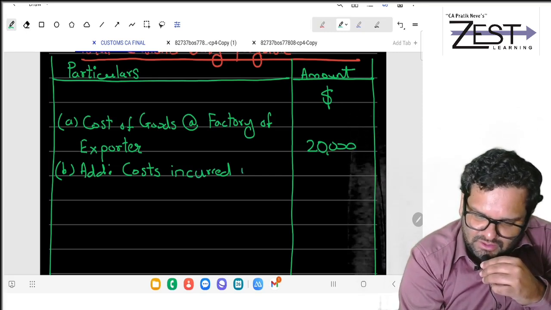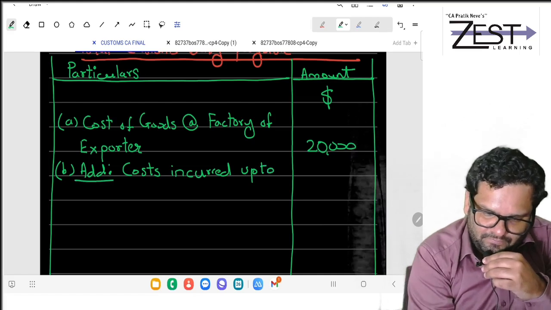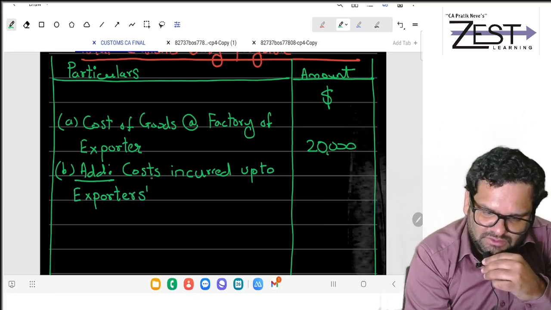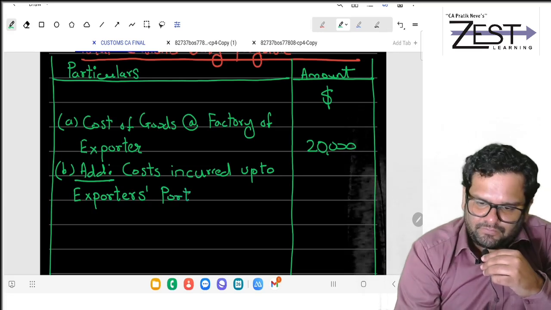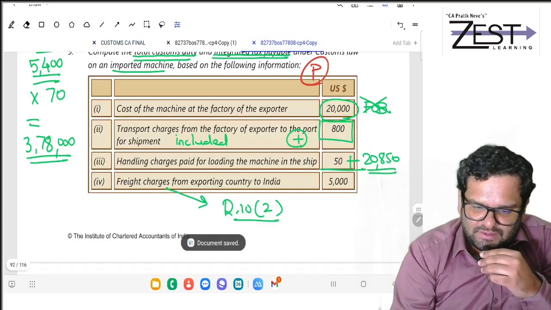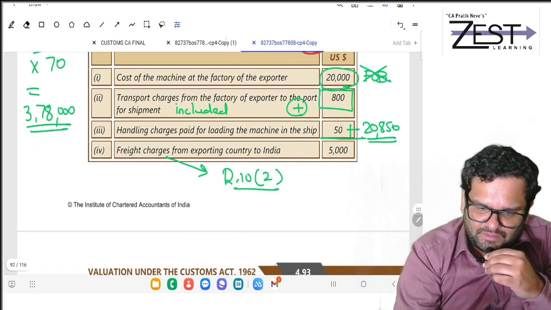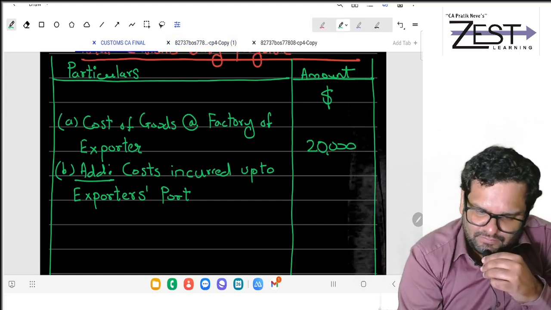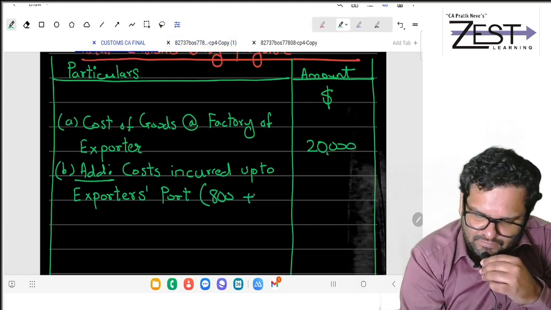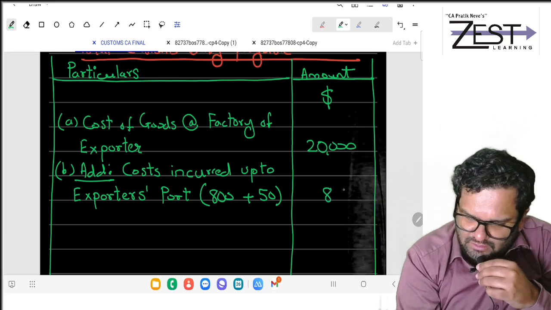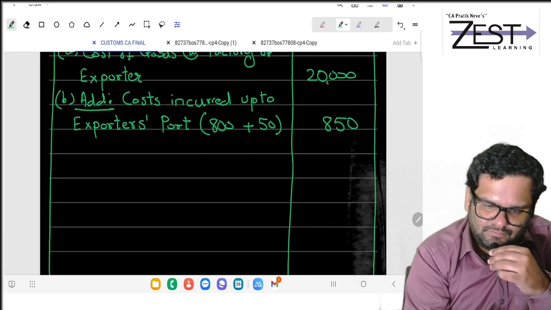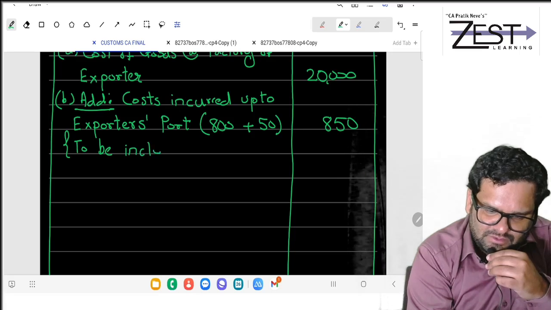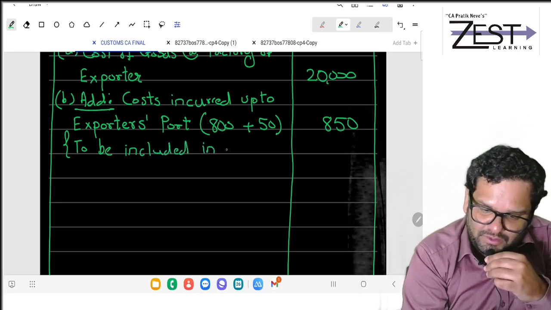Can I say costs incurred up to exporter's port, and check, that is 850. 800 plus 50. So 850. This is to be included in FOB.